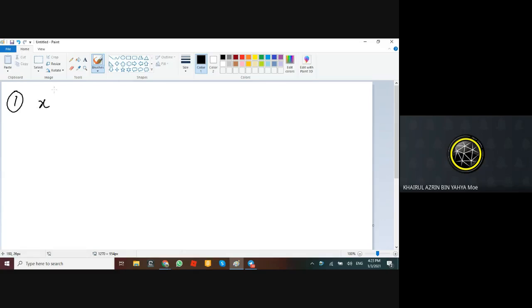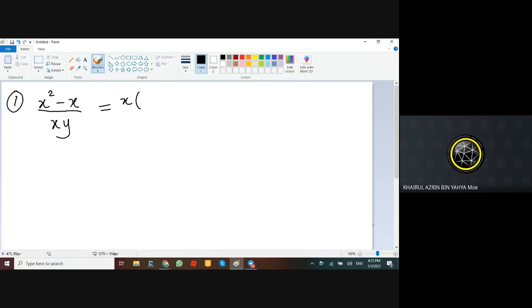x squared minus x divided by xy. Okay, so question number 1 and number 2 is easy, so I just do it like this only. First of all, x squared and x have a common factor where we can divide with x.